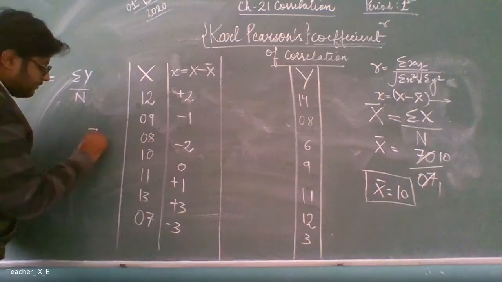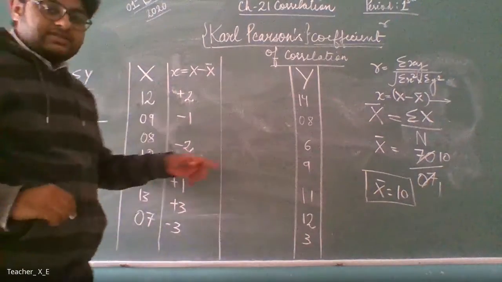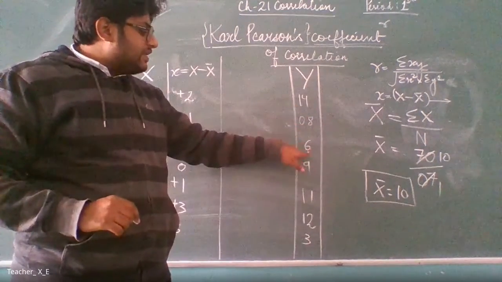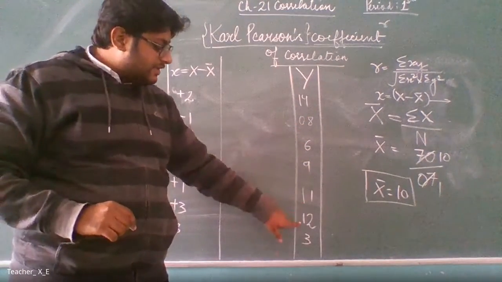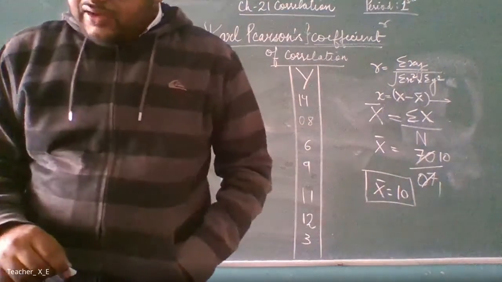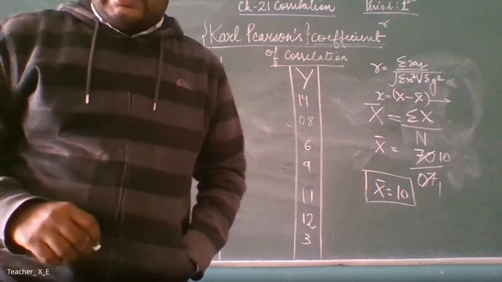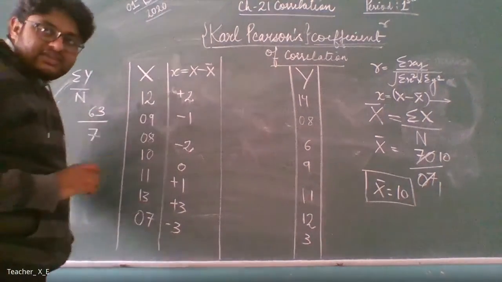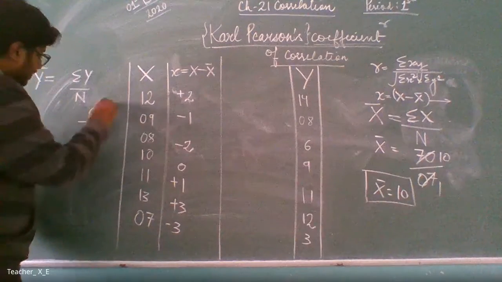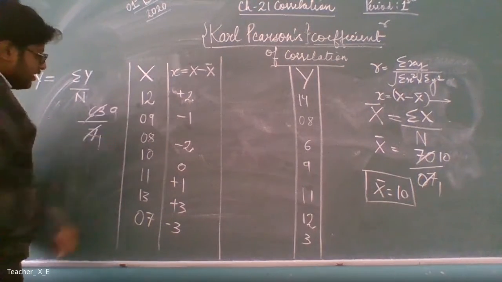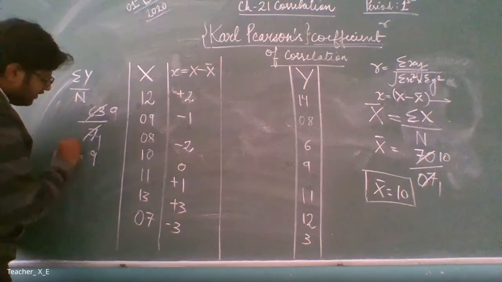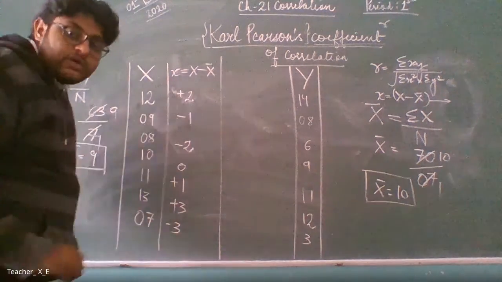When we calculate the summation of y, that is 14 plus 8 plus 6 plus 9 plus 11 plus 12 plus 3, we get 63. That means the y bar is equal to 9.